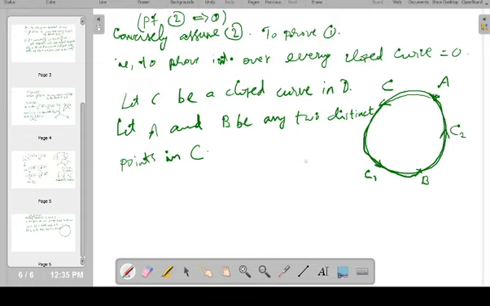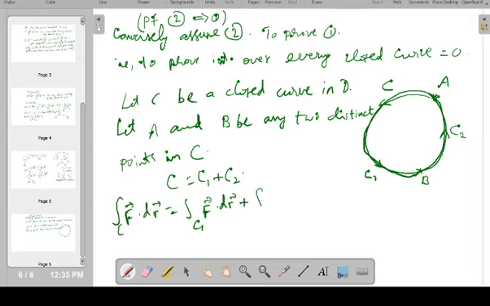So C is precisely C1 plus C2. So the integral over C f dot dr is the integral over C1 f dot dr plus the integral over C2 f dot dr.